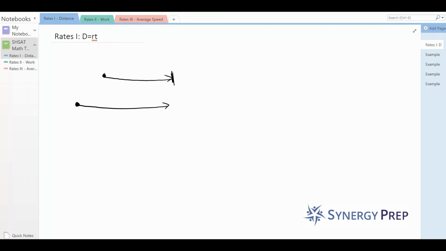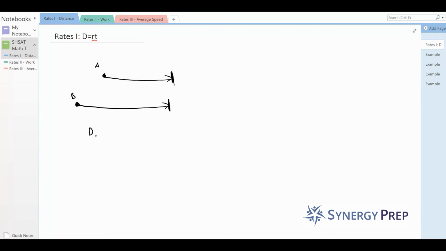So this question is very similar. An object gets a bit of a head start, but the question is always about when the second object catches up.